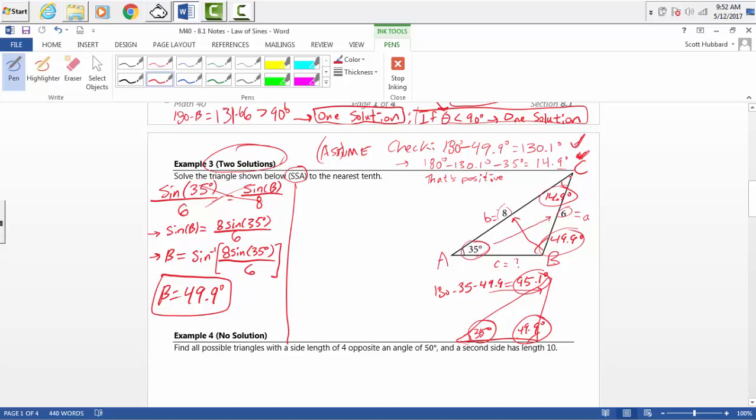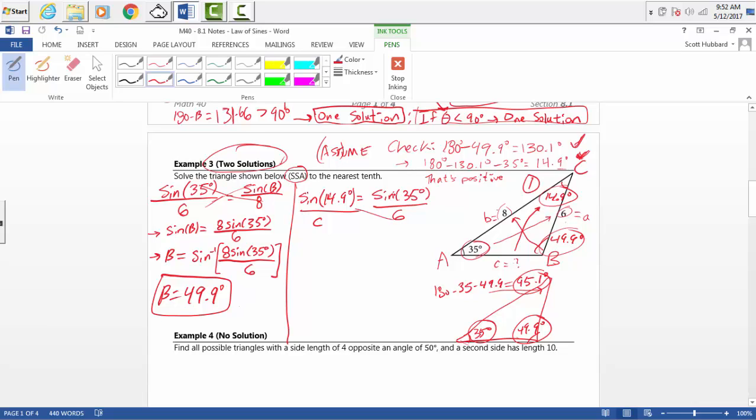So let's look at triangle 1. If we look at that triangle, say we want to find side C. So that would be sine of 14.9 degrees divided by its unknown side c, and that has to equal, you can choose, sine of 35 degrees over 6.